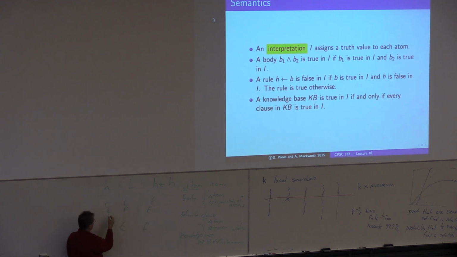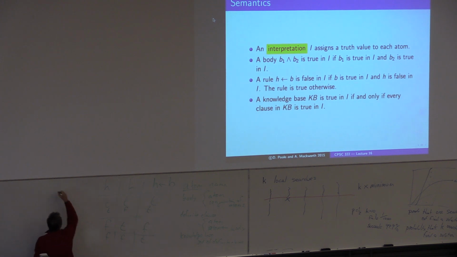So this is an if statement. What's the other one? False, false is true. Does that make sense? It's just the truth statement of an if. Basically it's a conditional but in reverse. This means head if body. It's equivalent to body implies head.